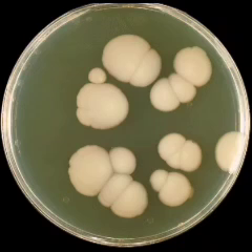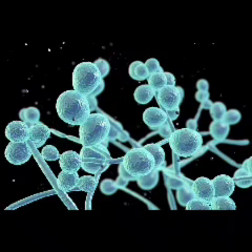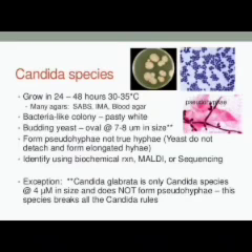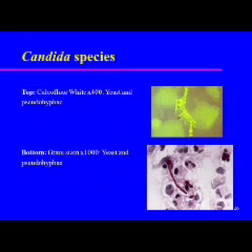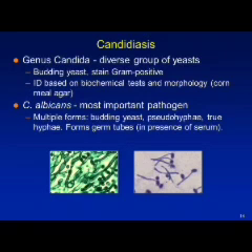Then you have Coccidioides immitis. These are thermally dimorphic ones. Coccidioides immitis is a dimorphic fungus. Then you have Blastomyces dermatitidis, Histoplasma capsulatum, and Sporothrix schenckii.